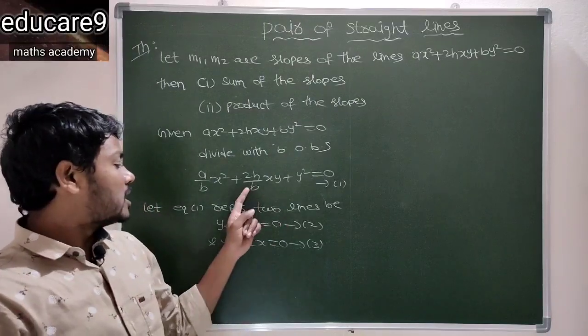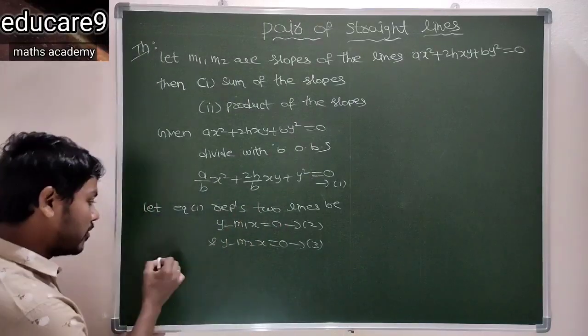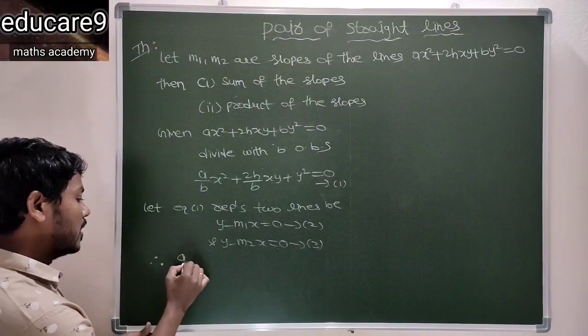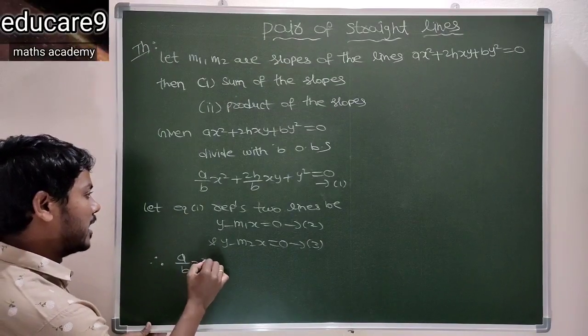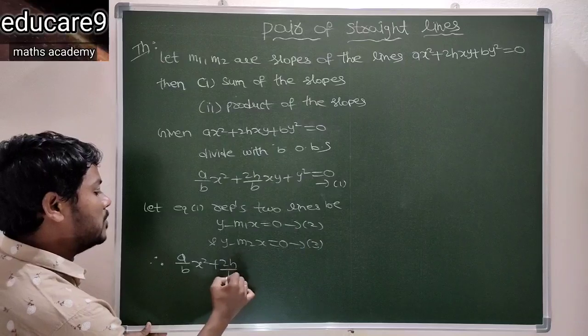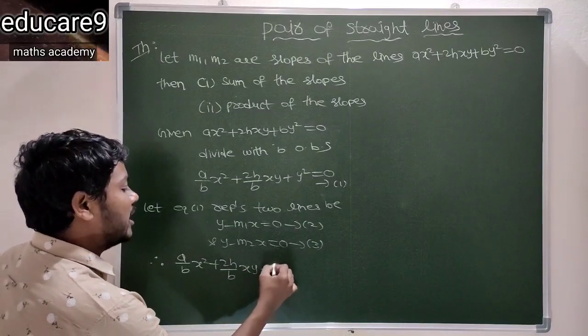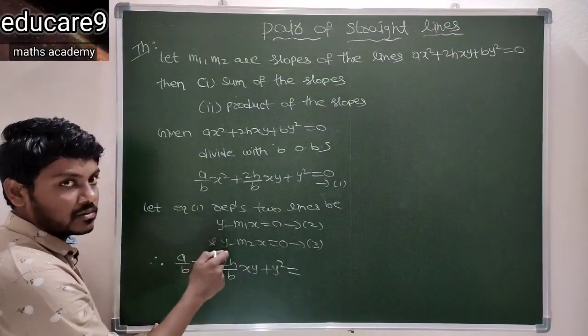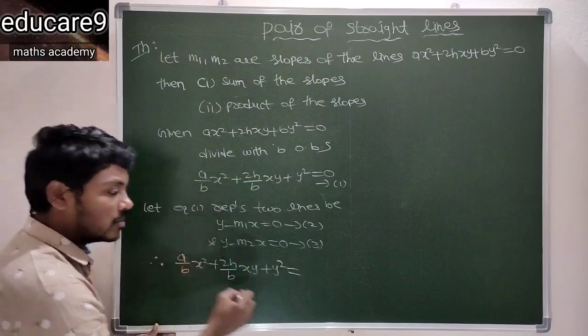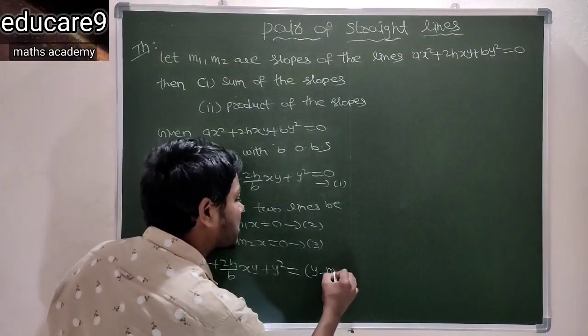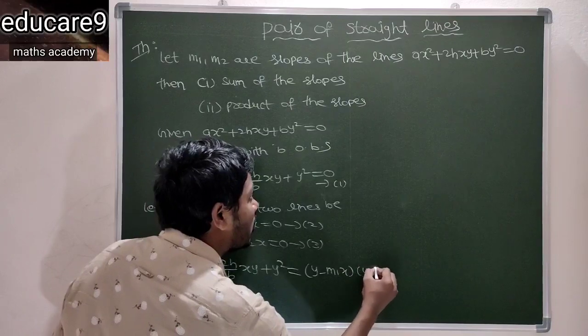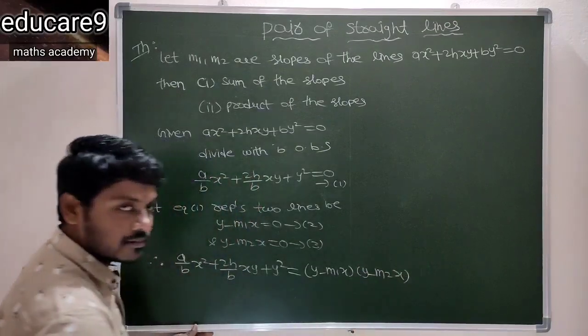So clearly it represents these two only. Therefore a by b x square plus 2h by b xy plus y square is equal to the product of these two, because it represents these two lines: y minus m1x into y minus m2x.